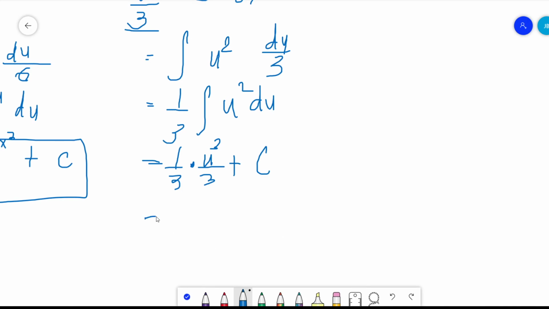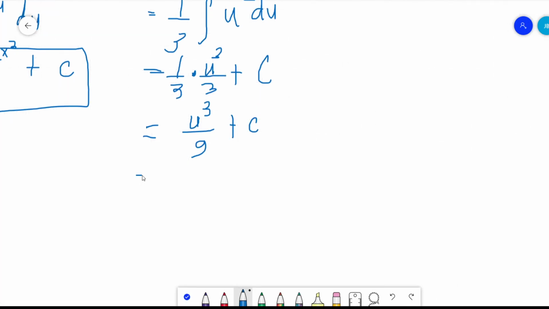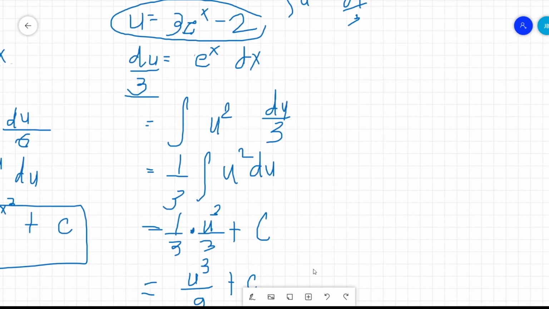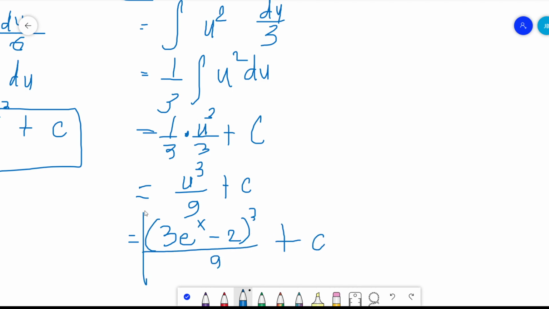Therefore this is u cubed over 9 plus c. Change in terms of x. What's your u? Your u is 3e^x minus 2. So that's (3e^x minus 2) cubed over 9 plus c. Now, therefore, this is your final answer.